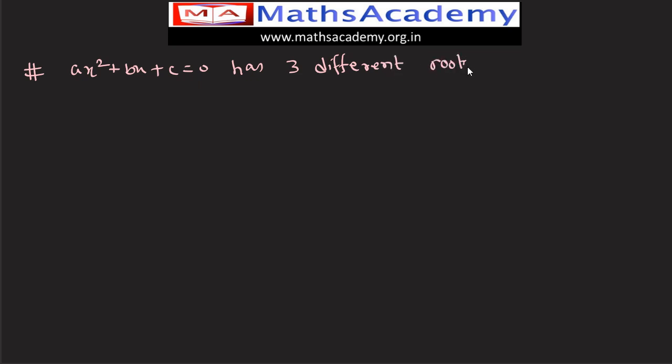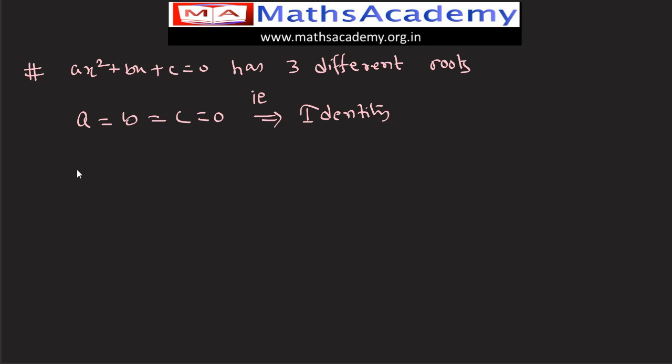That means a is equal to b is equal to c is equal to 0. Not only 3, if you claim that it has 4 roots, it is also true. If it has 5 roots, it is also true.